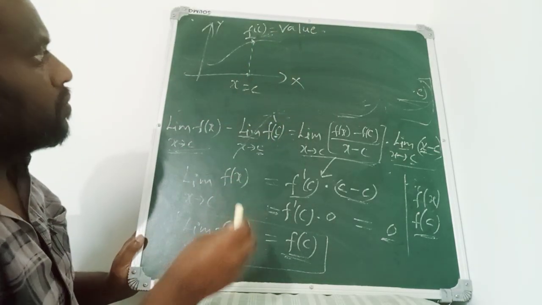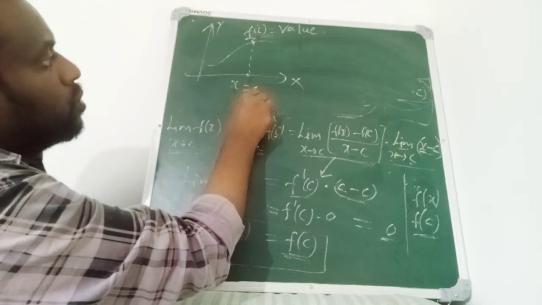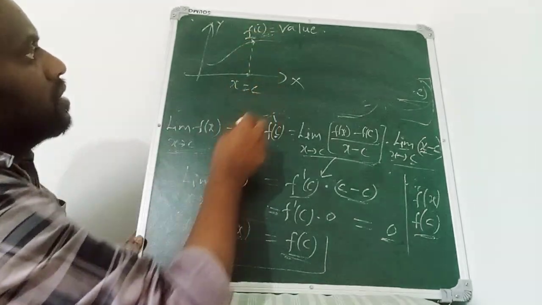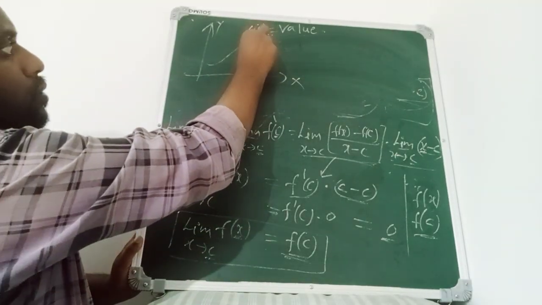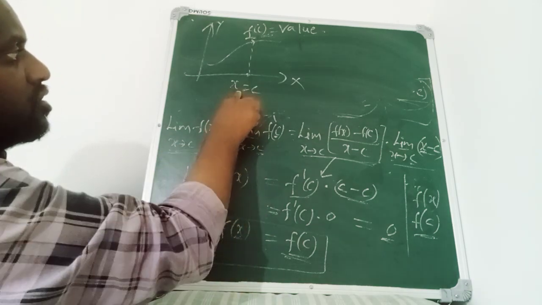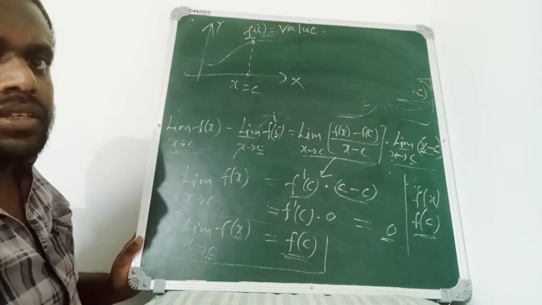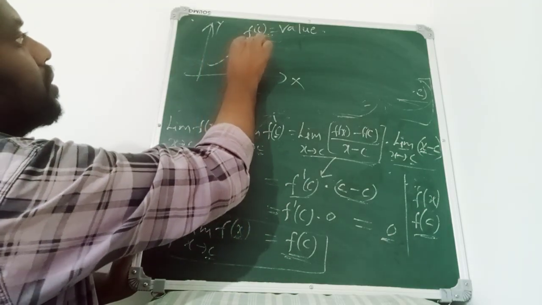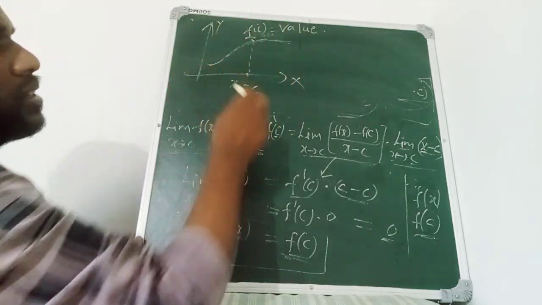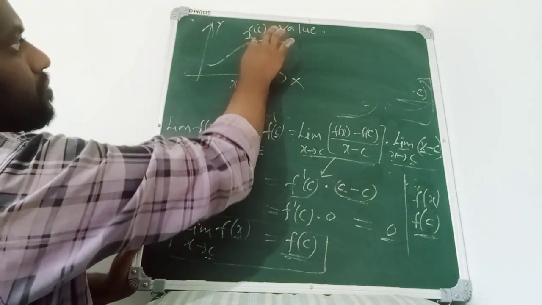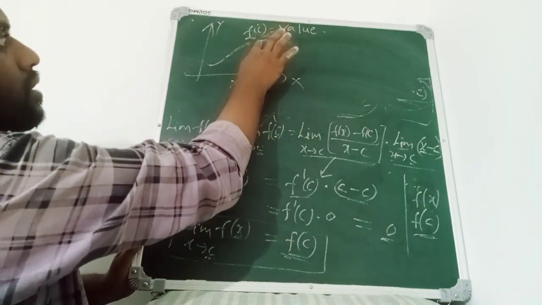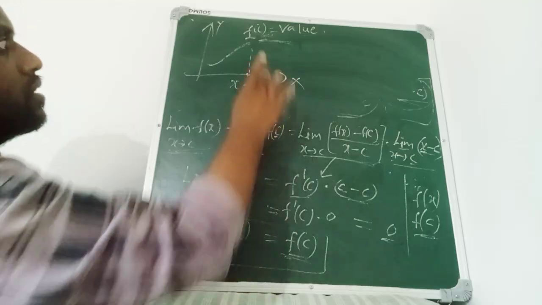So when x is equal to c, we get a value for f of c. So there is a function value for x equal to c. That means the function is continuous. The function is continuous like this. Continuous means there is no break here, there is no opening here.